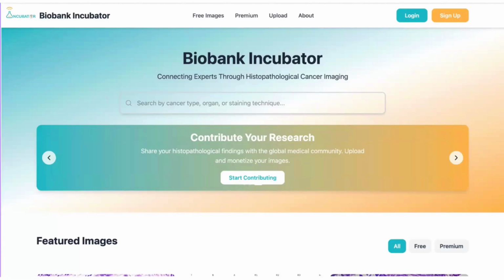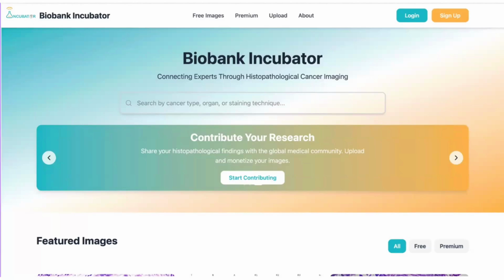At this moment, we are seeking funding to implement the biobank incubator. Our platform will connect experts in histopathology, cancer management, and data. This platform has two main menus: free images, an open access gallery of curated slides, and premium paid access to images with richer clinical context like diagnosis, stage, and key metadata.